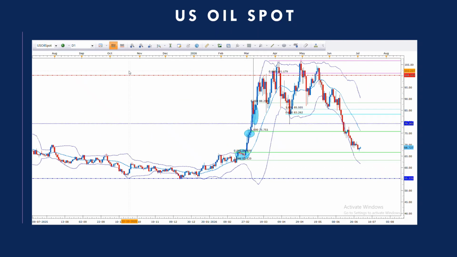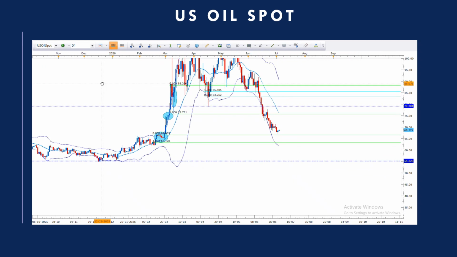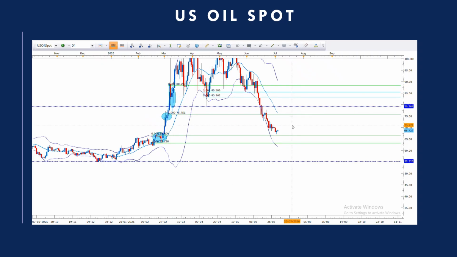The chart on our screen is that of US oil spot, and we're looking at the daily chart. US oil spot has continued with its downtrend and has taken out some more of its gains to close at 68.7 after hitting the low of 67.11.